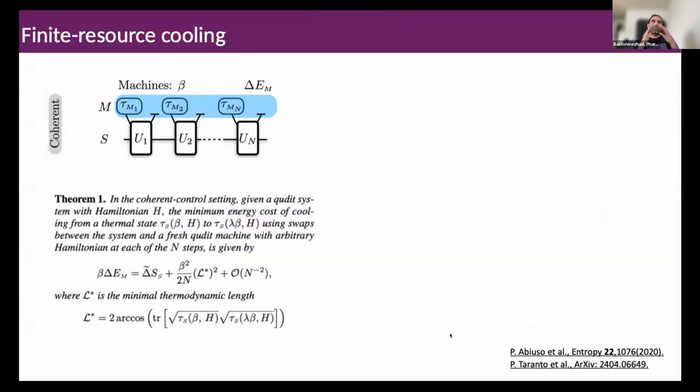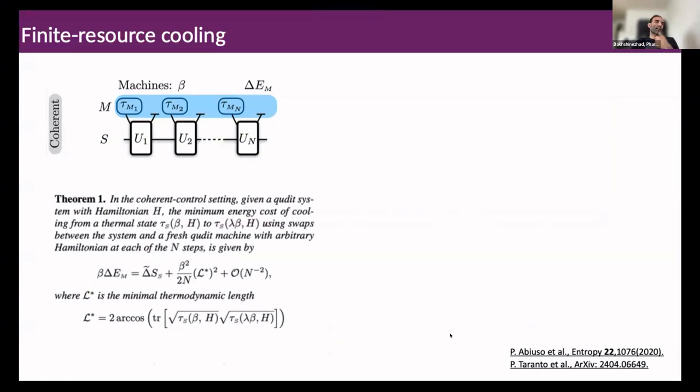First, we will focus on the coherent scenario. In the coherent scenario, we have our system and an N-level machine, finite but large enough, and we are allowed to choose the Hamiltonian structure of this machine to reduce the energy cost. What is the task?